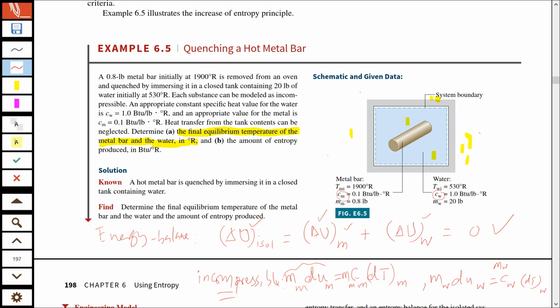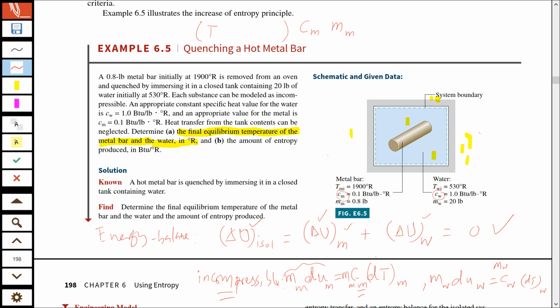So the equation I have will be C_m M_m. I need mass as well as the specific heat, and I'll multiply that with the change in temperature. I assume this to be constant, so I don't need to integrate.